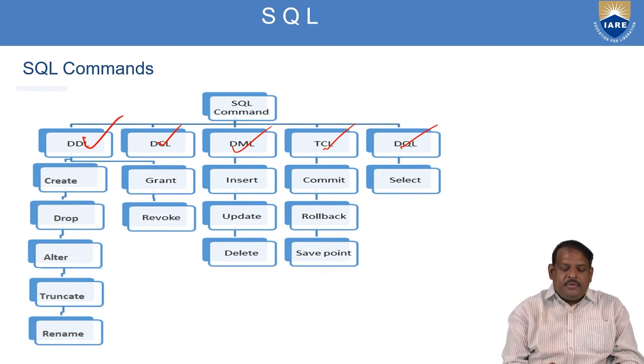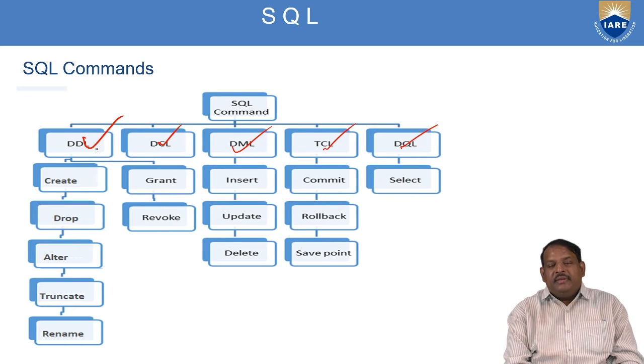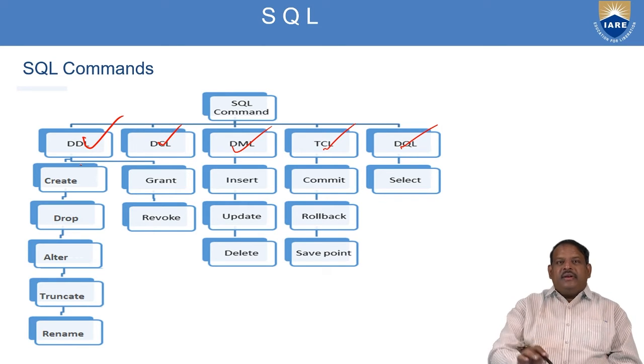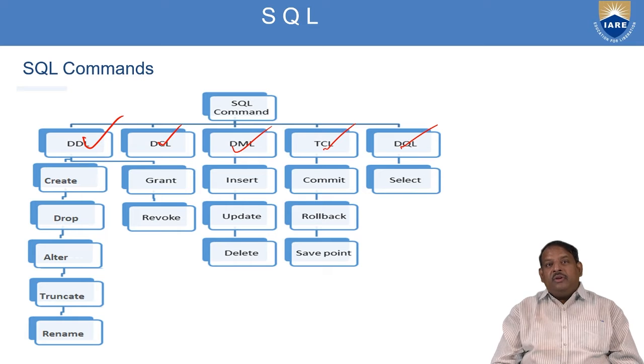So when you talk about data definition language, here data is not actually directly inserted. First, in order to insert data, we need some database objects, right? Those objects can be tables, procedures, views, etc. So first we'll create the base or the foundation.